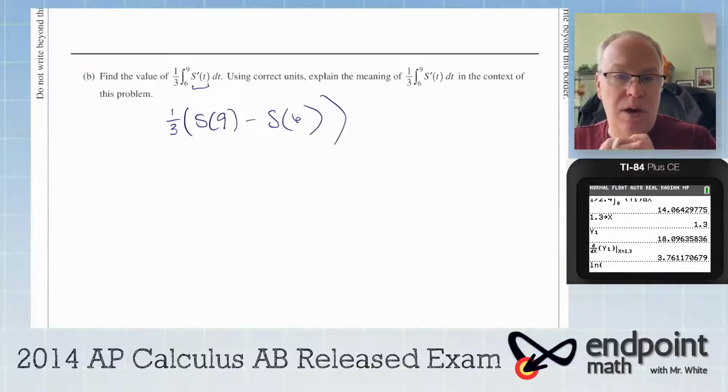So this might be where, you know what, maybe we need to go back and put it in the calculator so that we can save a little time here. I don't know. So let's just do that.